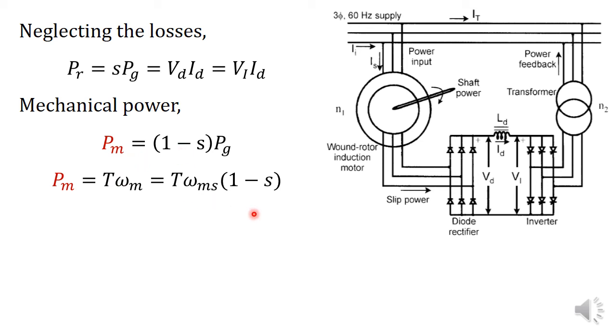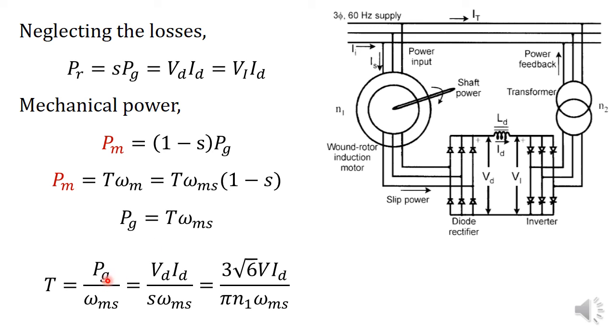So we will get PG is equal to T into omega ms. So we can write the expression for T. T is equal to PG by omega ms, where PG is equal to VD ID by S. So T is equal to VD ID by S into omega ms. We are substituting for VD that we have already derived, that is 3 root 6 V divided by pi into N1.